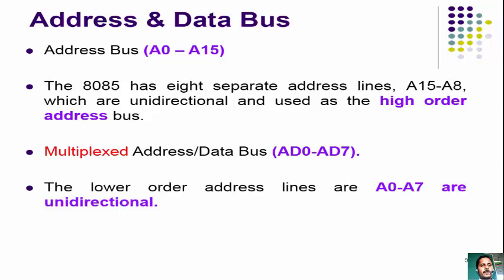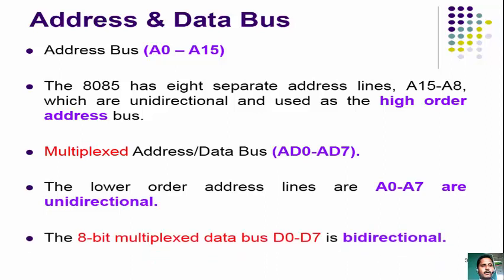The lower order address lines A0 to A7 are unidirectional. Always remember, all address lines A0 to A15 are unidirectional, and the data bus is always bidirectional. The 8-bit multiplexed data bus D0 to D7 is bidirectional.